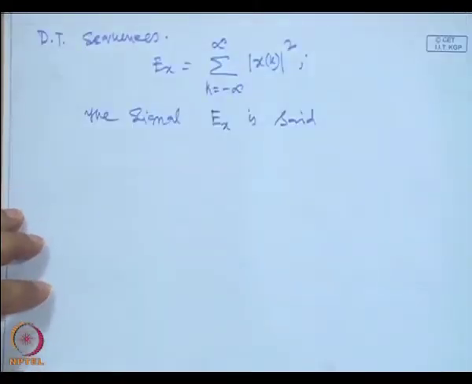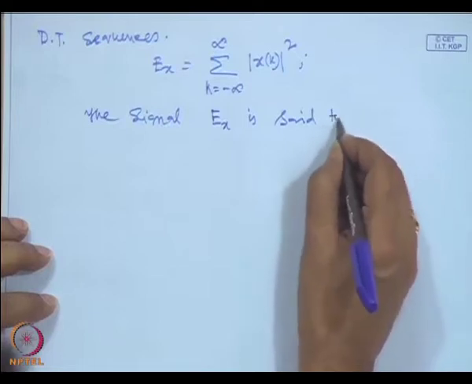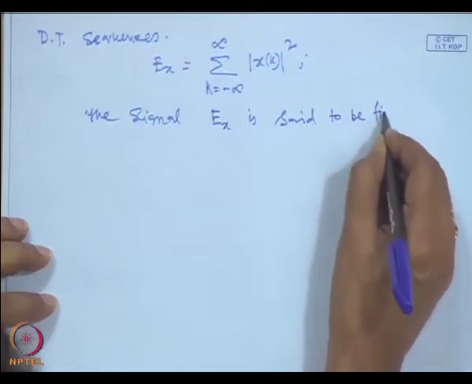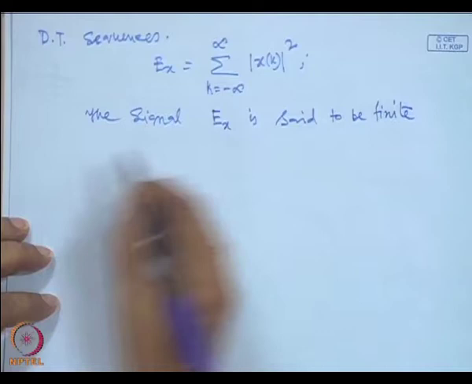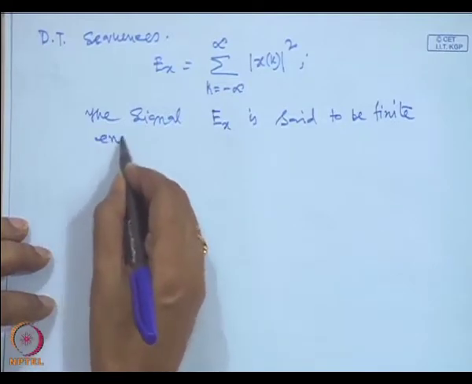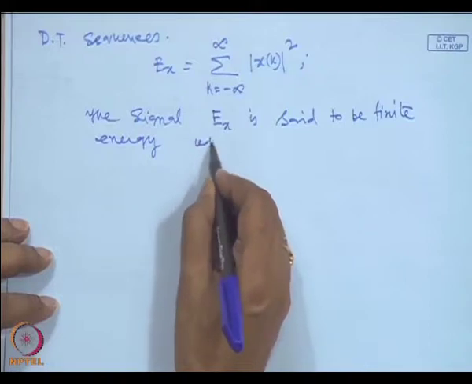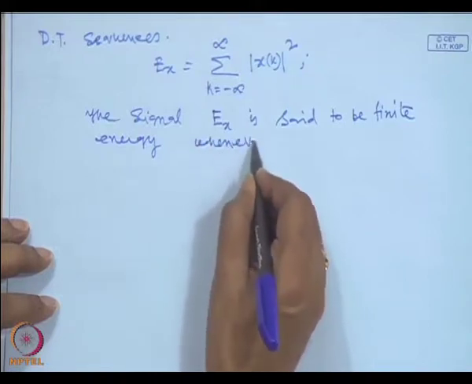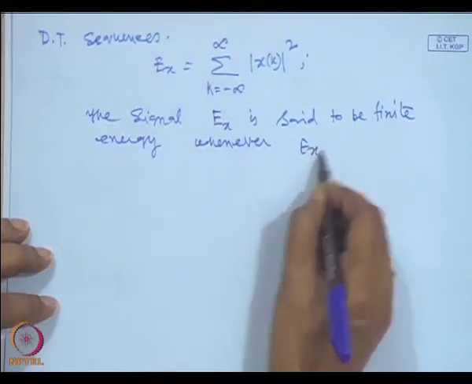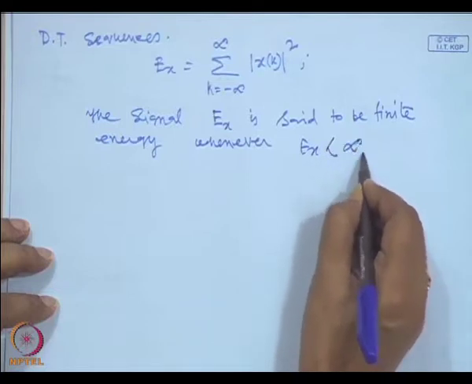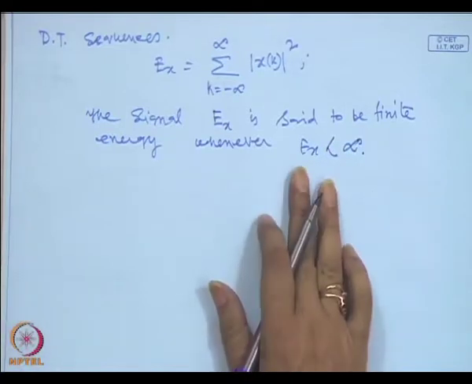So, the signal is said to be finite energy whenever E of x is less than infinity. This is possible if the signal tends to 0 as t tends to infinity.